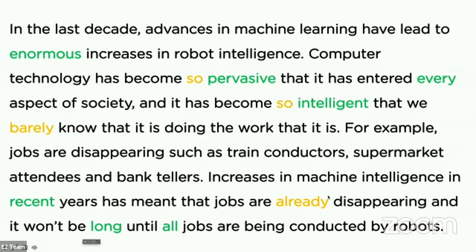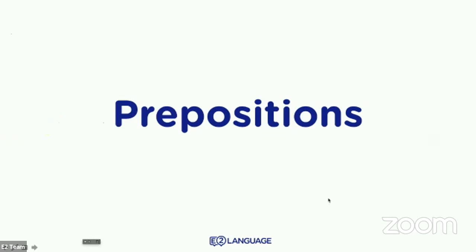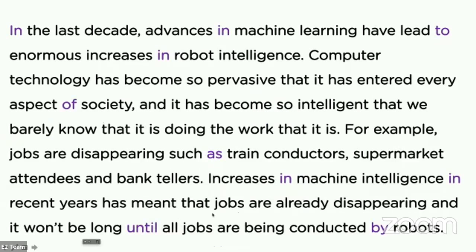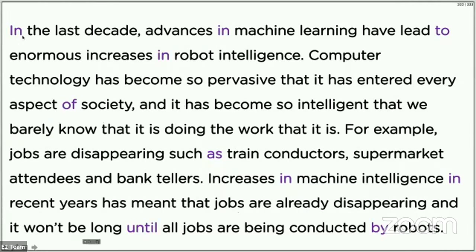Okay? Cool. Prepositions. These are the trickiest bits of English, I think. Have a look at these little purple words here. So in the last decade, advances in machine learning have led to increases in aspect of society, such as increases in recent years.